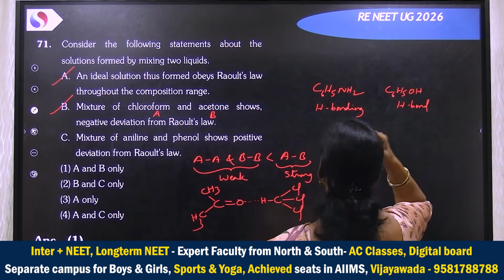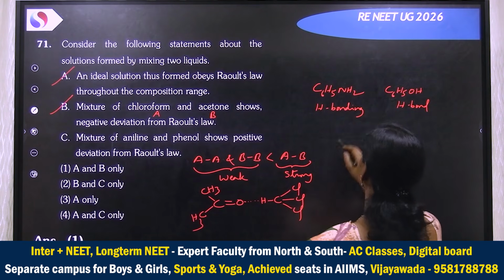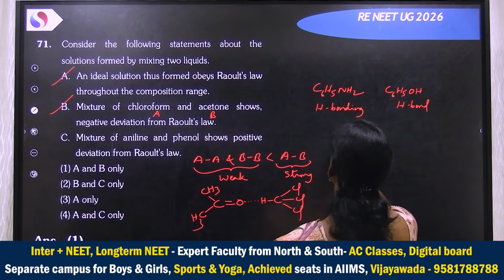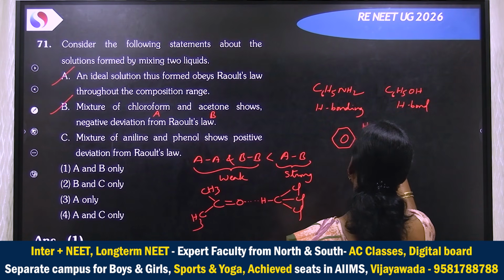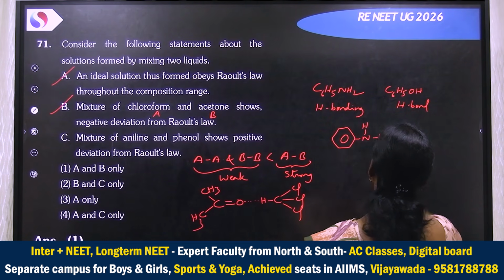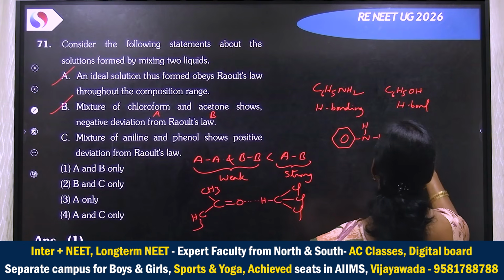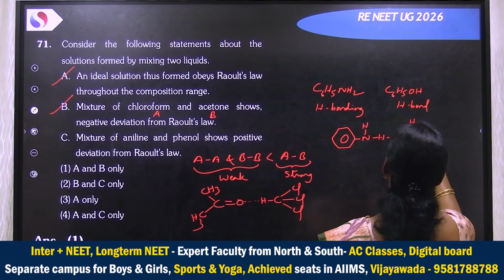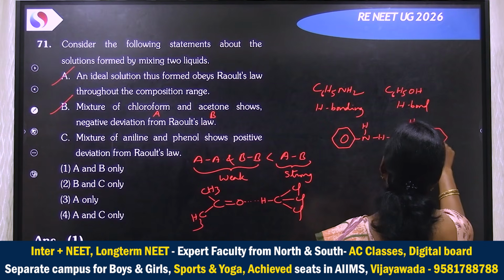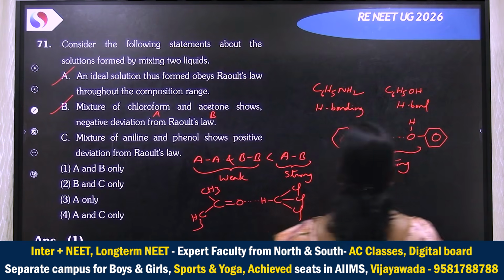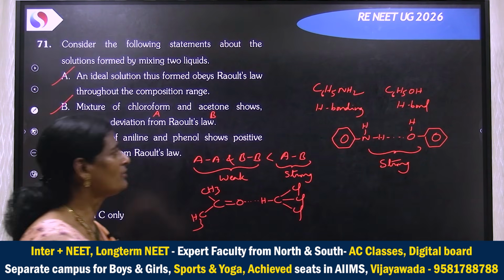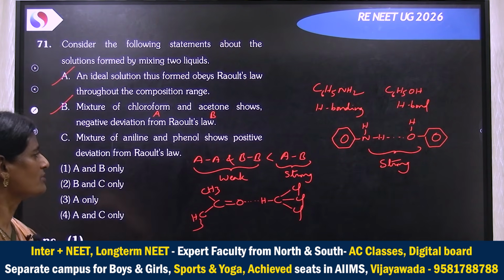But when we compare the hydrogen bonding between aniline and phenol, NH2 with the oxygen of phenol, this is strong hydrogen bonding compared to between two aniline molecules or between two phenol molecules.